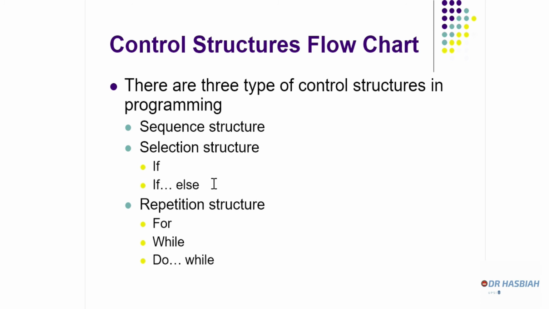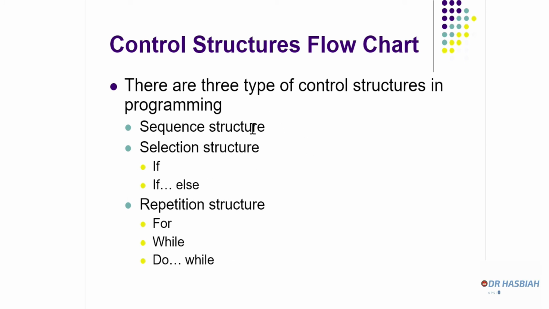Don't worry about these control structures because we are going to see them in detail in the next chapter, maybe the next 2 chapters. Then we have another control structure, the repetition structure, where we have for, while, and do while.